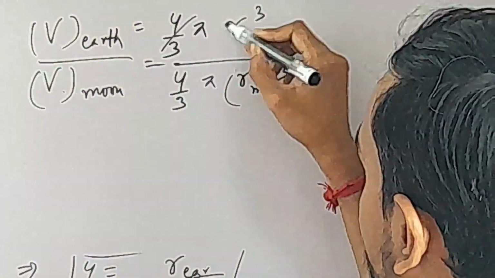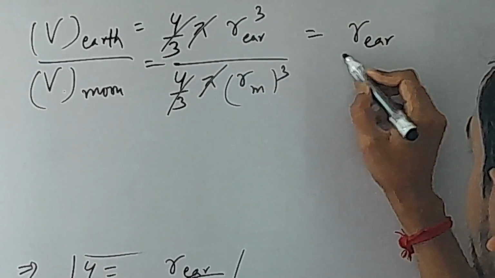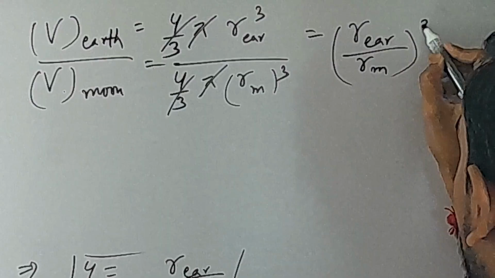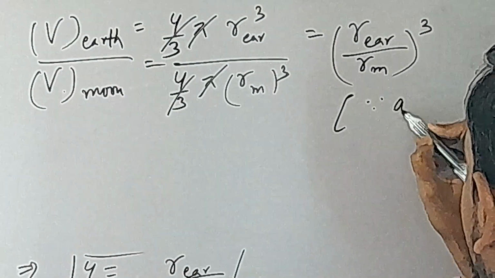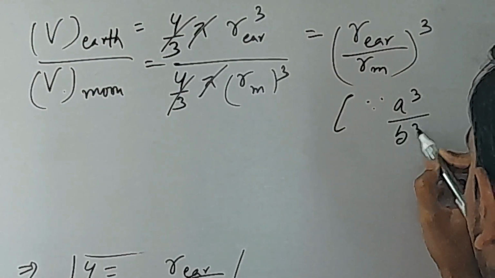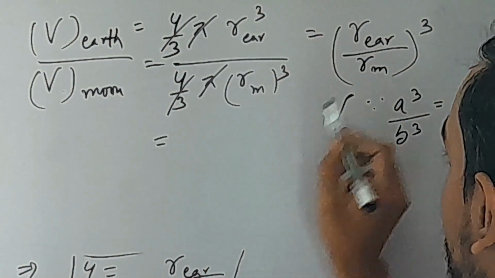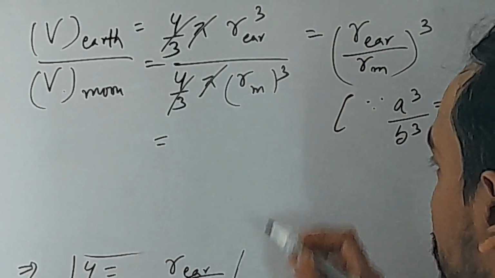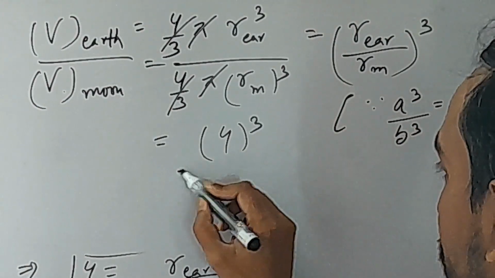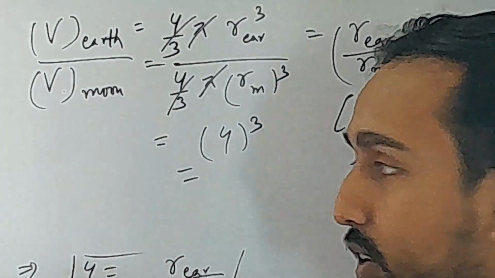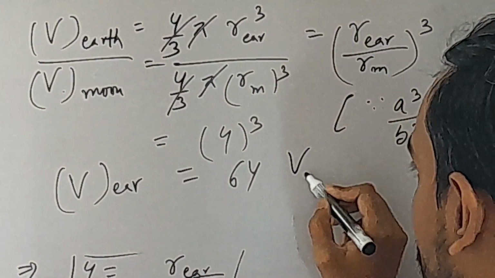You see that 4 by 3 pi gets cancelled out, and this can be written as r of Earth by r of Moon, whole cube, because in the exponents chapter we have already learned that a cube upon b cube is equal to a by b whole cube. Now r of Earth by r of Moon is 4, so just use that value. It is 4 cubed, which comes out to be 4 times 16, that is 64. So you see that the volume of the Earth is 64 times the volume of the Moon.